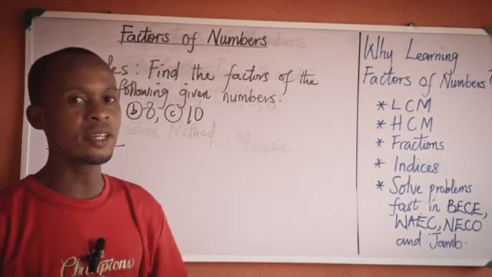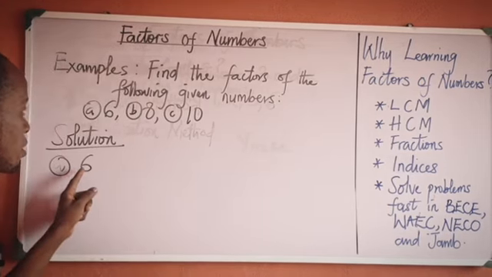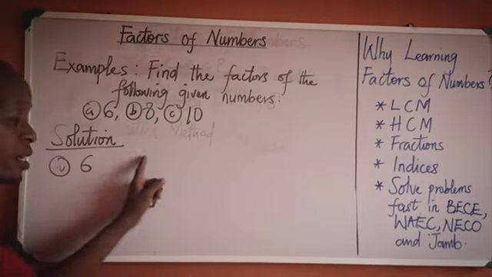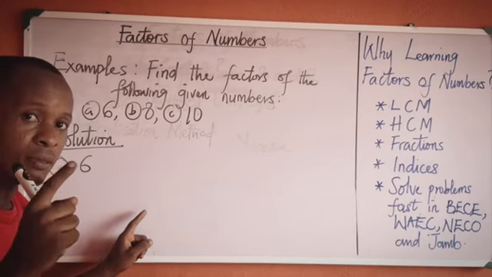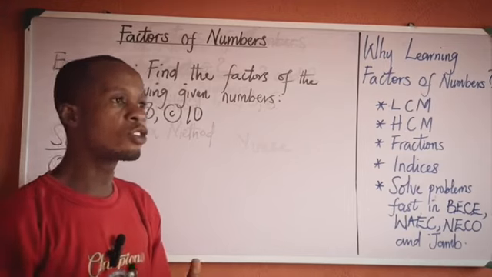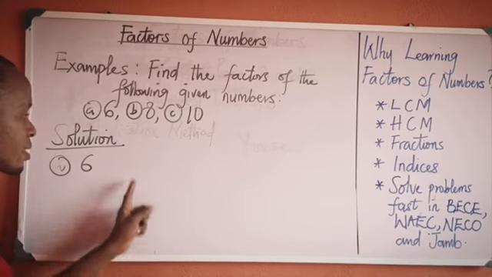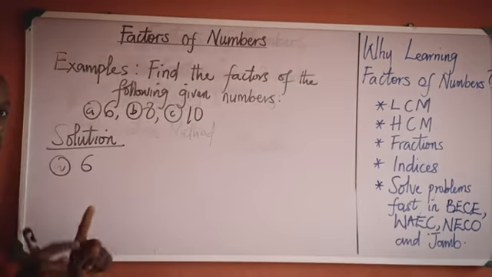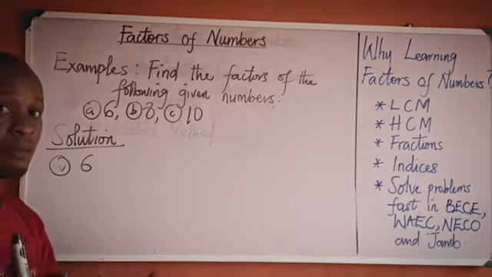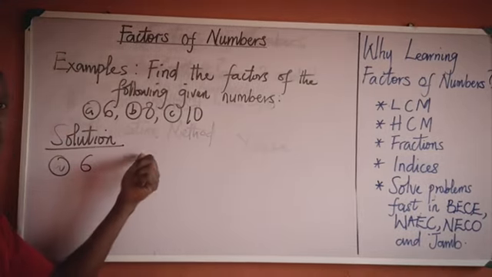And this is the secret. If we divide 6, for instance, by whole numbers beginning from 1 upward, 1, 2, 3, 4, 5, 6, we are going to find out which whole numbers divide into 6 without a remainder, and the ones that divide 6 but leave a remainder.